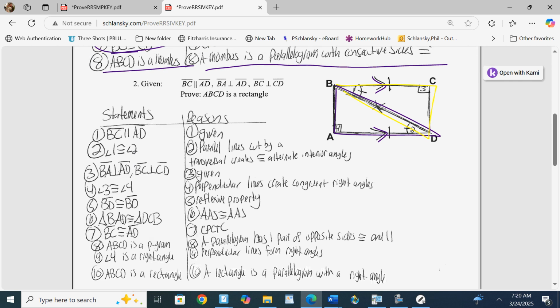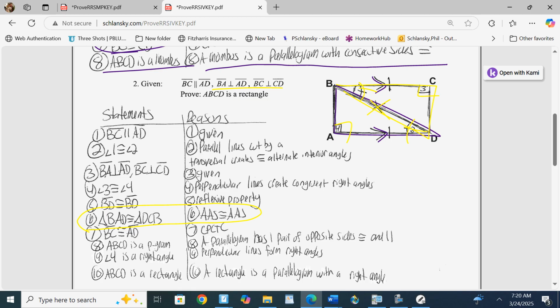Since I have parallel, I have my alternate interior angles are congruent. I've got right angles from the perpendicular in the givens. I'm out of givens. Reflexive property, I have angle, angle, side. The triangles are congruent. Now remember, my first goal for a rectangle is to prove the parallelogram.